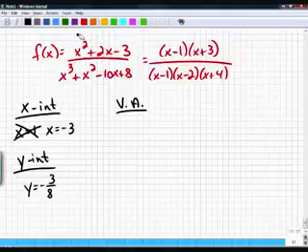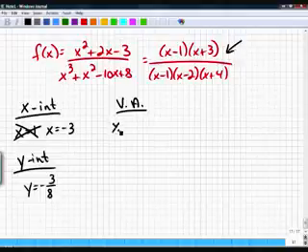For vertical asymptotes and holes, I would use the second, factored form. A vertical asymptote appears when you have something that's a factor of the bottom and what else? A factor of the bottom and a factor of the top, or not a factor of the top? Not. Factor of the bottom, not a factor of the top.